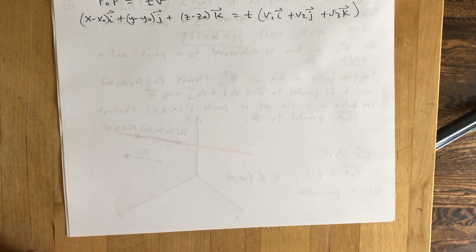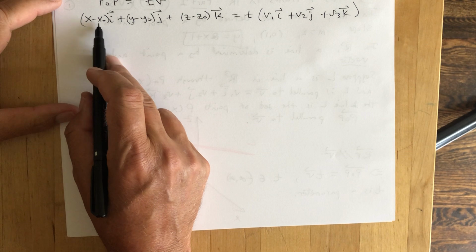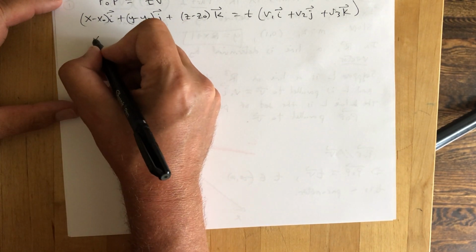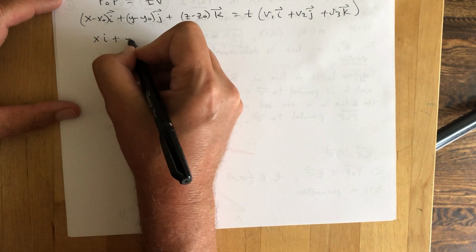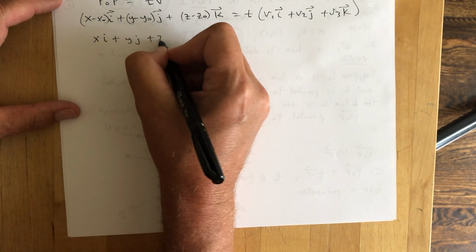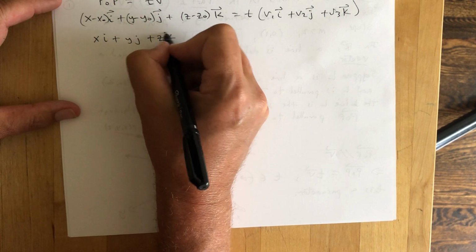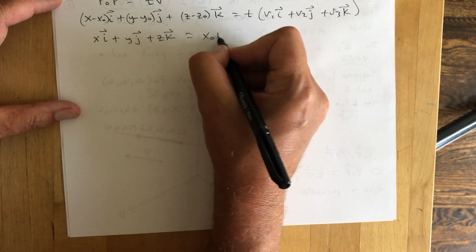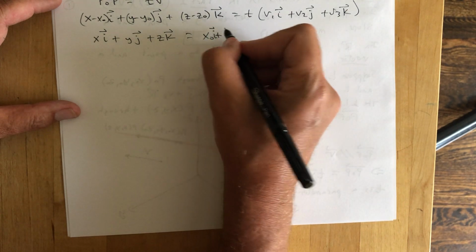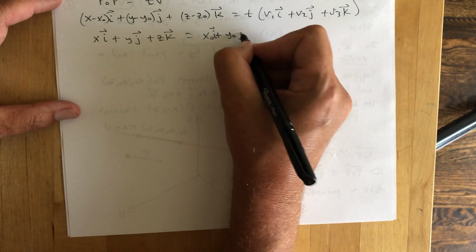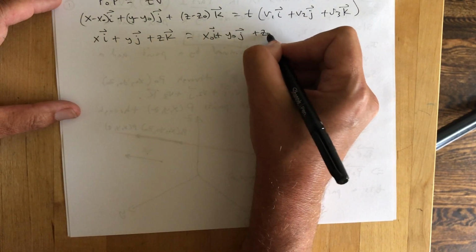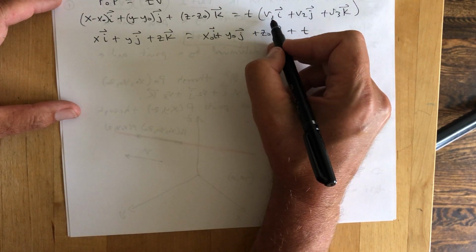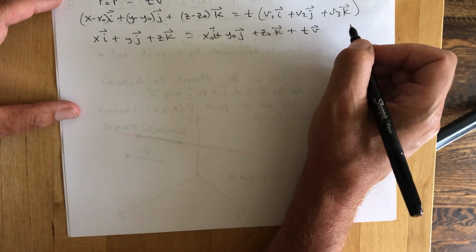Okay, if you run this thing out and distribute the x minus x naught, the y minus y naught, and the z minus z naught, what you wind up with is xi plus yj plus zk, these are all vectors, equals x naught i plus y naught j plus z naught k plus t times v1i and so on, which is tv.